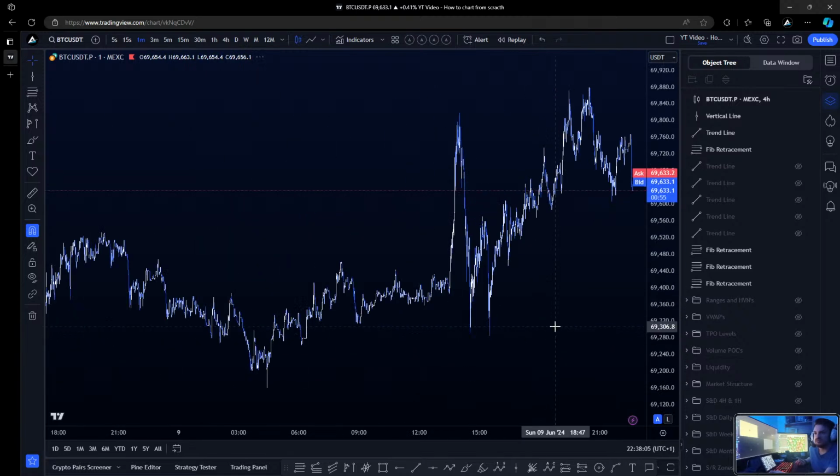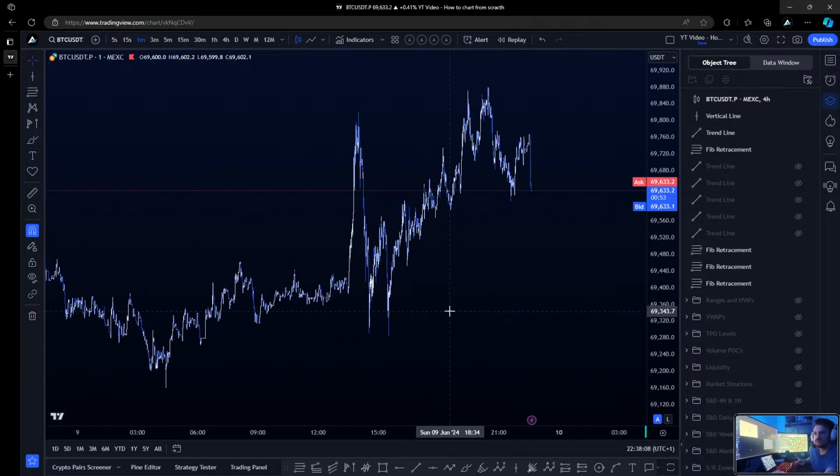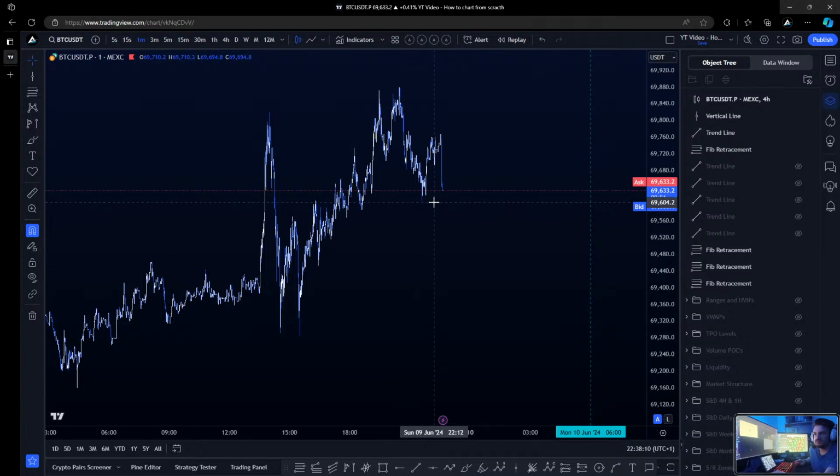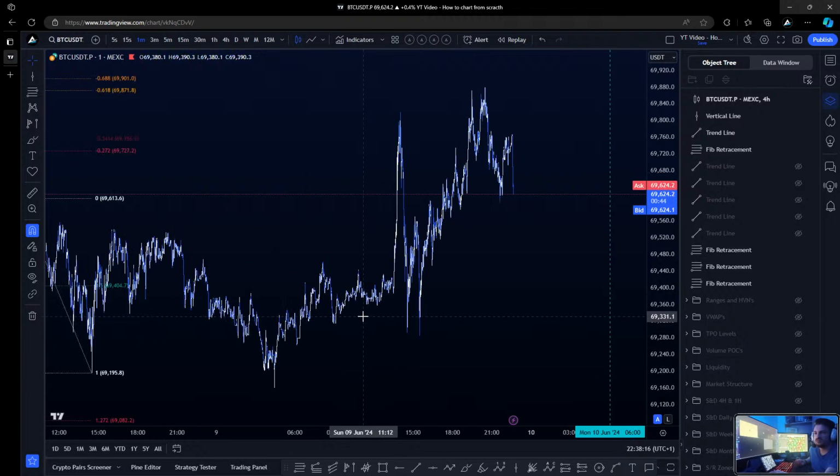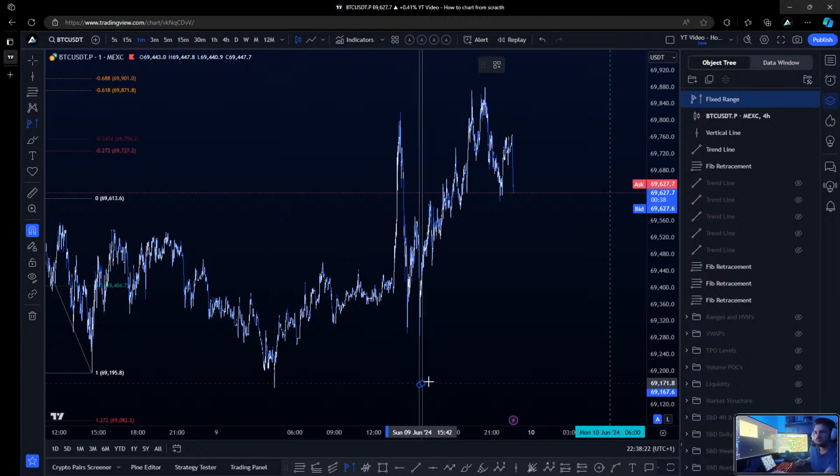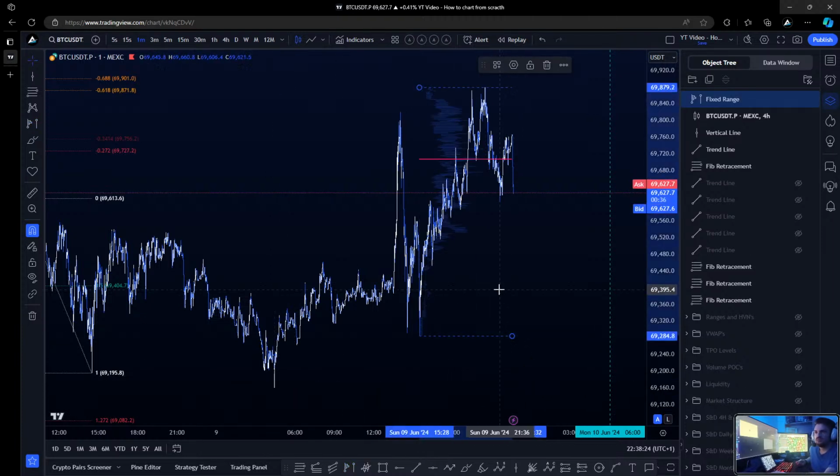Asia is about to start soon. We would have to take a look at, for example, if it comes down here, takes out these lows, what happens after that, so on and so forth. But dropping like it is, again, we could do volume profiles, and this looks like a big easy liquidity curve.